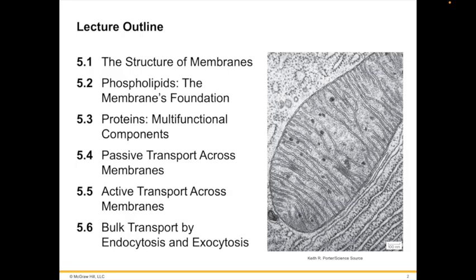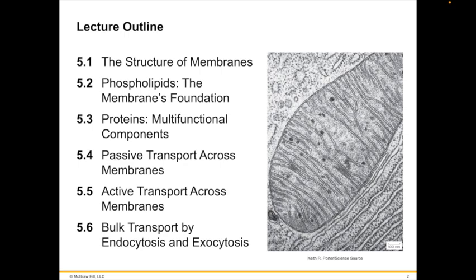Eukaryotic cells also contain internal membranes like those of the mitochondrion and the endoplasmic reticulum, as you see pictured here. We call the delicate skin of lipids with embedded protein molecules that encase the cell a plasma membrane.